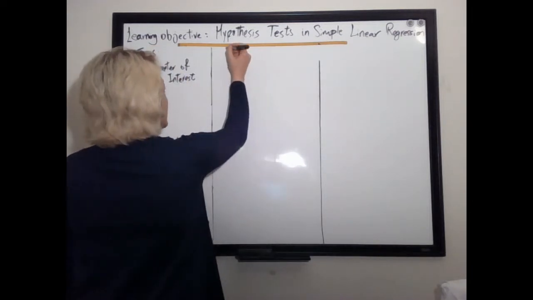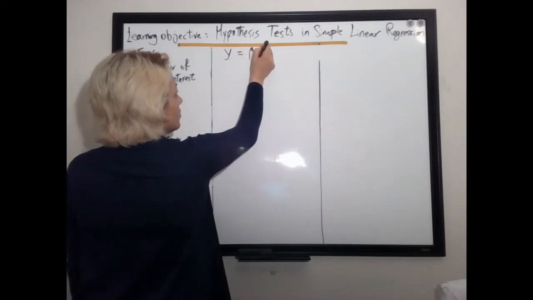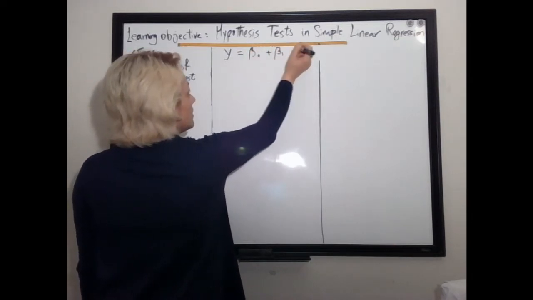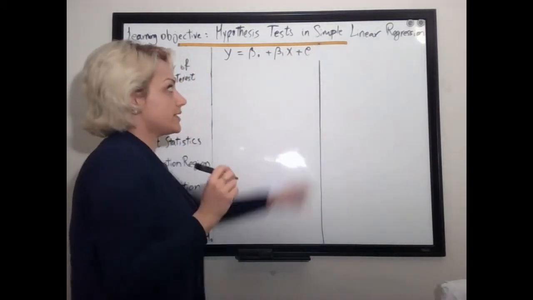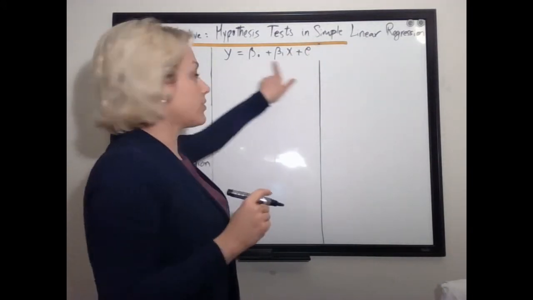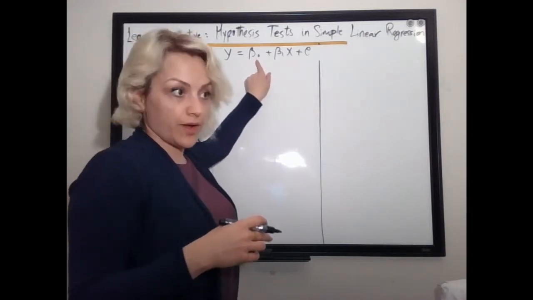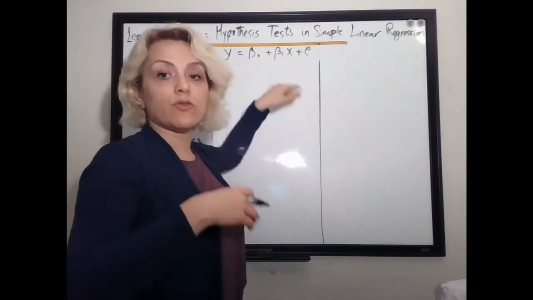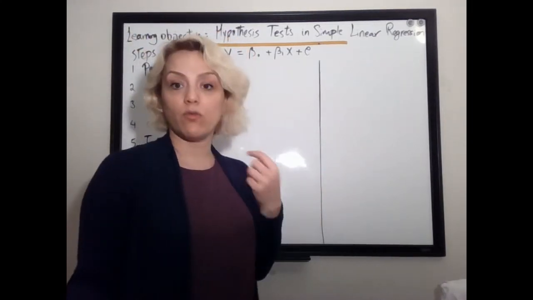So I would say y is equal to beta null plus beta 1 x plus our error or residual. That's the general model that we had. Then we said that we want to find beta null and beta 1, and we find them as the beta null estimate and beta 1 estimate.